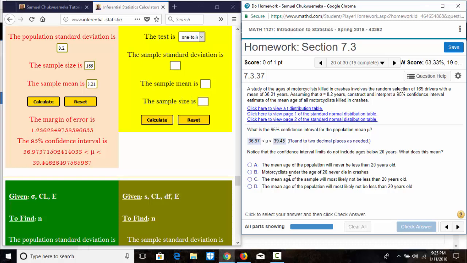So eliminate C. Actually, the mean age of the sample is 38.21 anyway. D, the mean age of the population will most likely not be less than 20 years old. So you look at A and D. We will eliminate A because of the will never be less than 20 years. So we go with D, will most likely not be less than 20 years old. Okay.